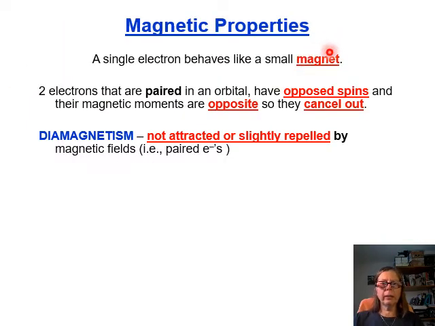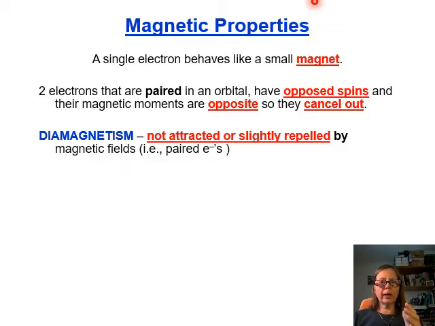Let's talk here about the magnetic properties of elements. Recall that an electron is not static, it spins. In doing so, it generates a tiny magnetic field. So really, it behaves as a small magnet that has a small magnetic moment.